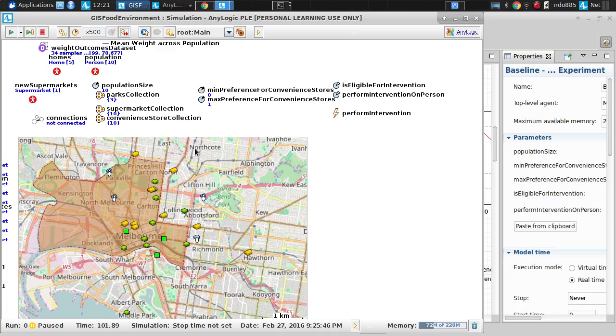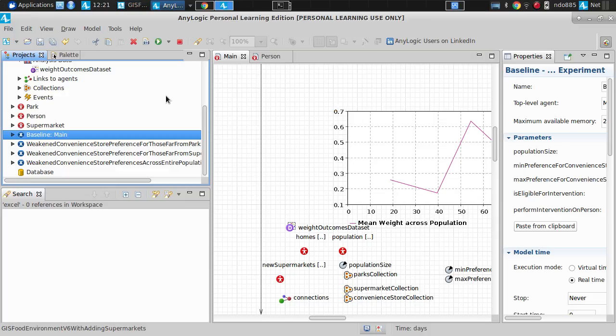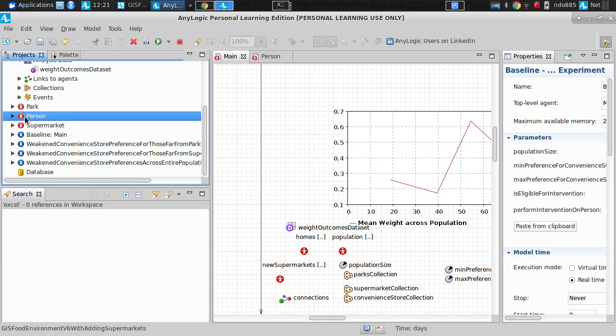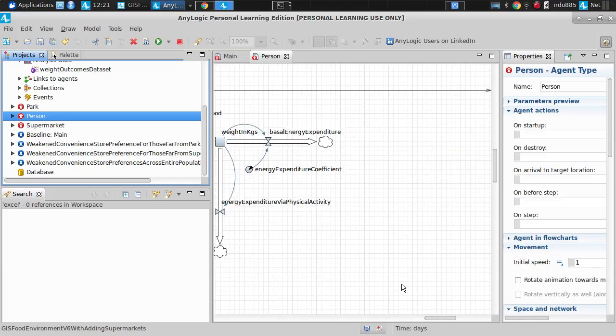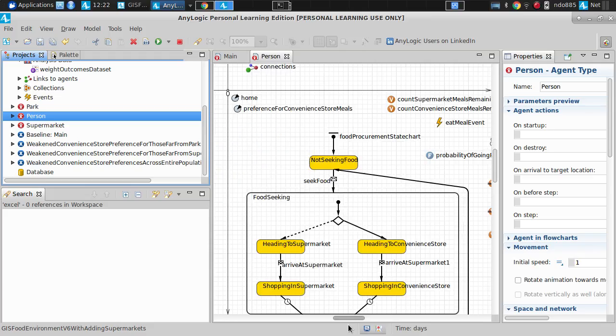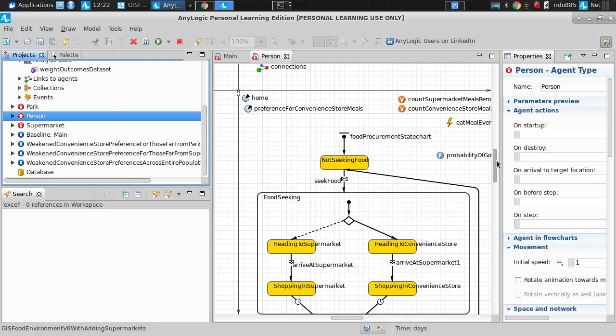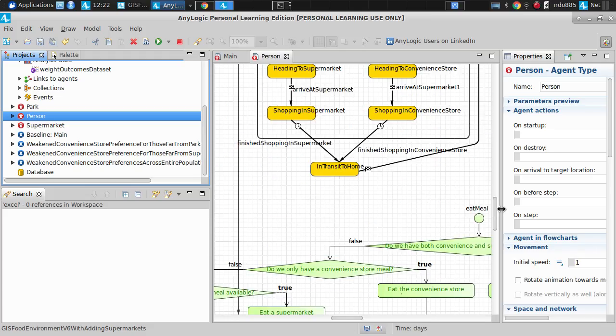And perhaps it goes without saying at this point, although this model did not depict chronic disease outcomes, there's no reason in principle that in addition to this state chart associated with food seeking, we couldn't have a state chart associated with chronic disease, heart disease or diabetes. And the longer that they stayed obese, the higher the risks would be.